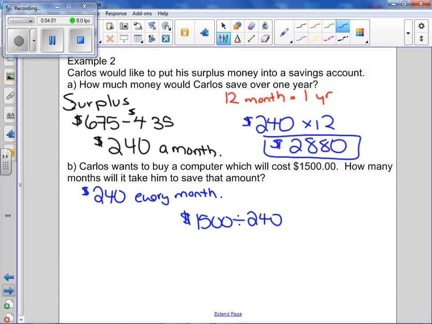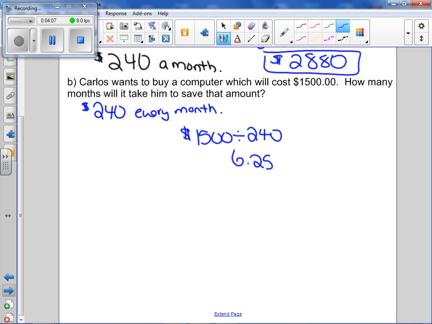So 1,500 divided by 240, I get 6.25. So now I've got to figure out, am I rounding this up or down? If I round it down to 6 months, it's not going to be enough money because he needs 6.25 months. So this is going to take 7 months.